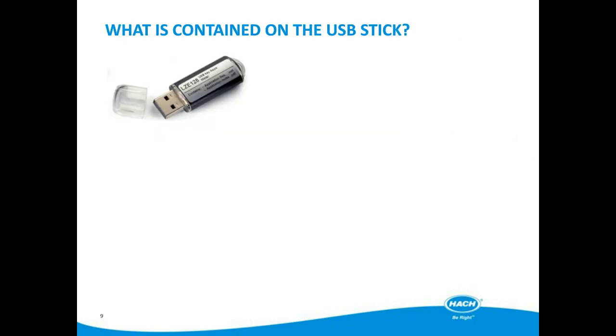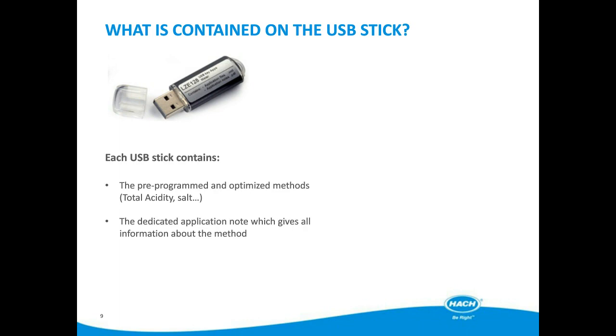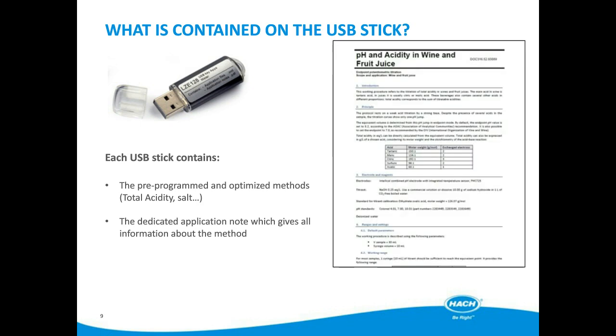When you buy a titrator with application kit to perform a specific method, you will receive also a USB stick. This USB stick contains the pre-programmed and optimized method, total acidity, salt, and so on, and also what we call an application note.